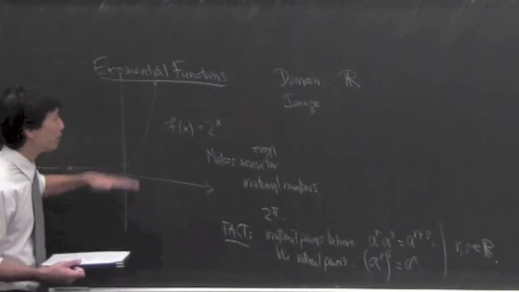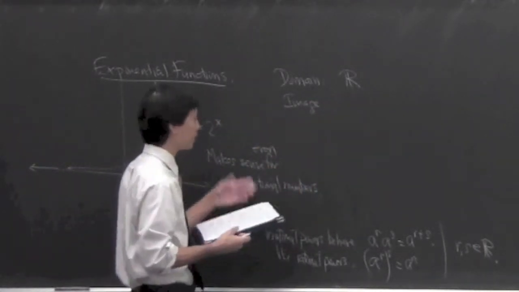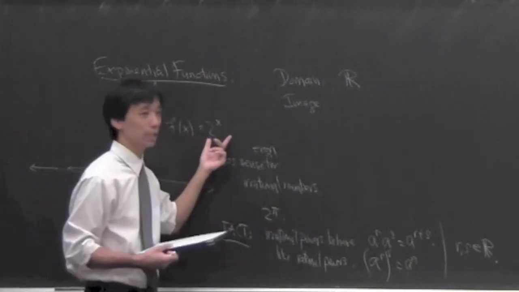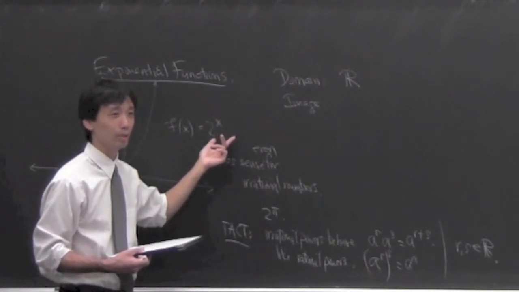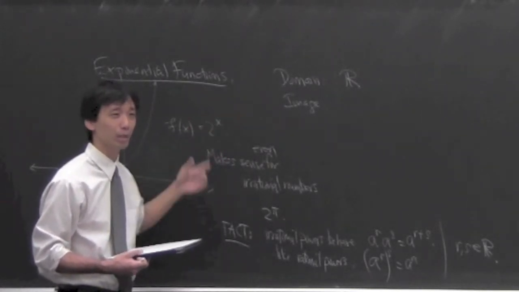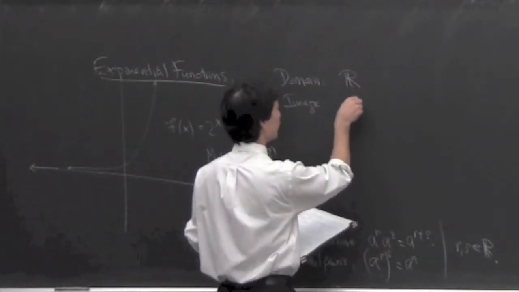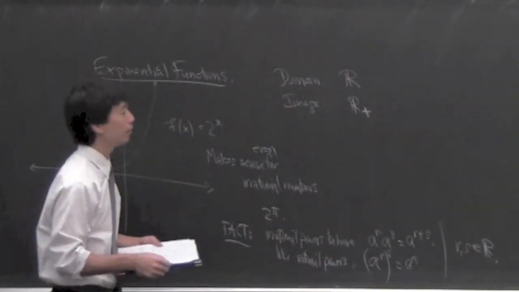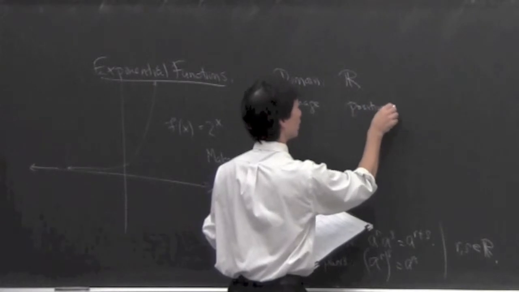Positive numbers? All positive numbers, right? So you can't get 0 by taking 2 to a power. But you can get something pretty small by taking it to a large negative number, like 2 to the negative 10 is approximately 1 over 1,000. So you can get any positive number. So just positive numbers.